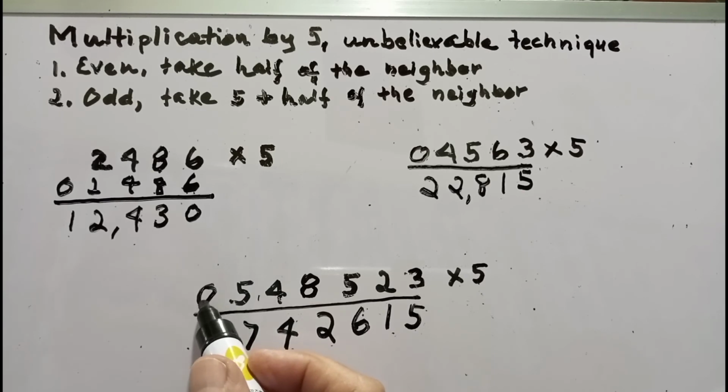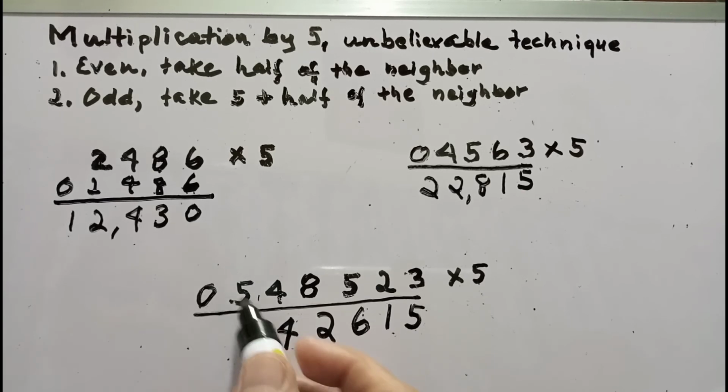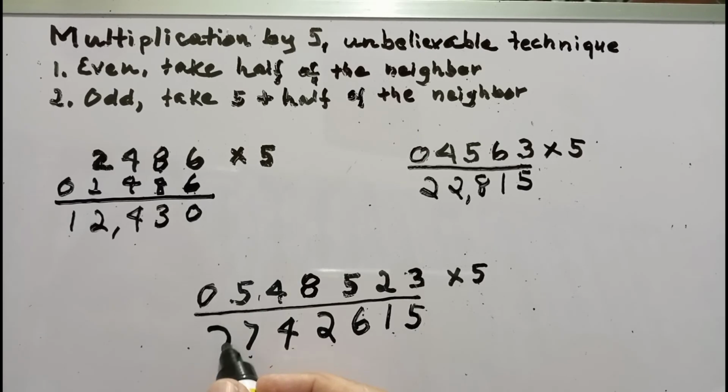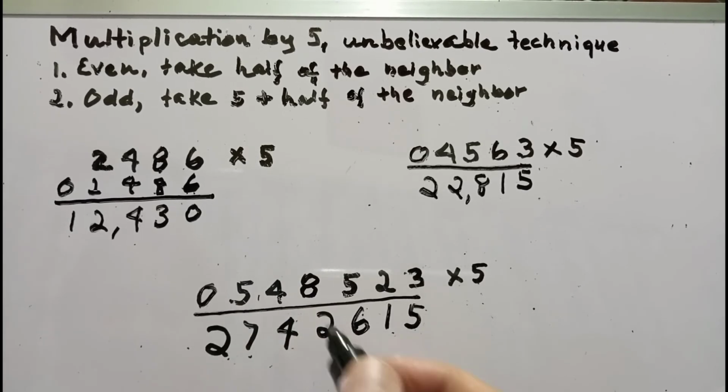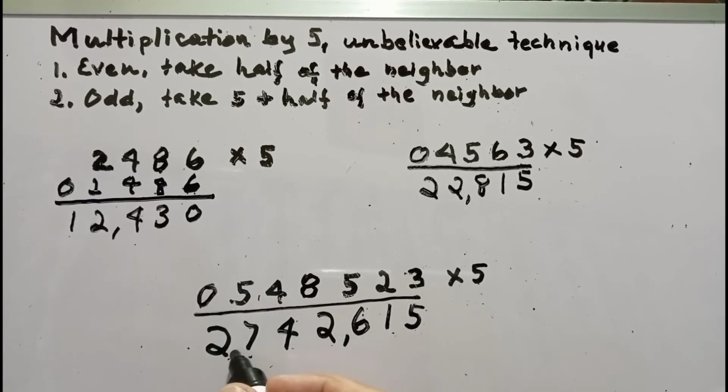So 0 is even, so half of 5 is 2. So the answer is 2,742,615. See? Very simple and very fast.